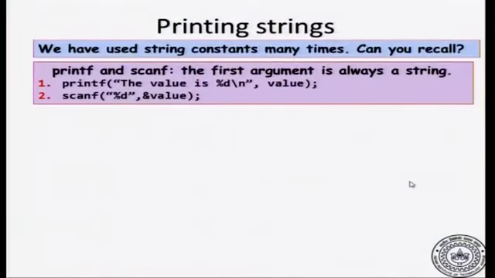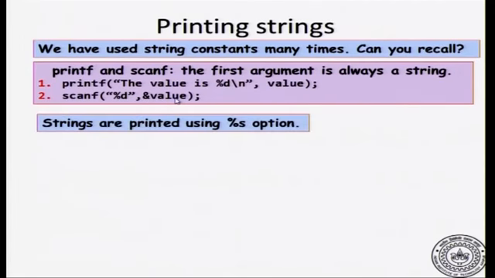The first argument of a printf or a scanf was always a string constant, because if you recall, we had some text which involved special characters like new line, and format specifiers like %d, but whatever it was, it was a bunch of characters, a text inside a pair of double quotes. That is a string constant. So the first argument is a string constant, followed by all the arguments we want to print. Similarly, even for scanf, we had a format specifier enclosed in double quotes. That is a string constant, and then you say &value.